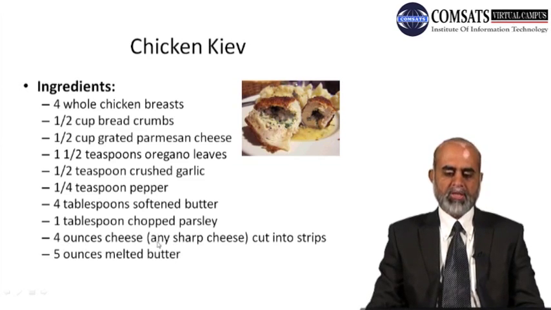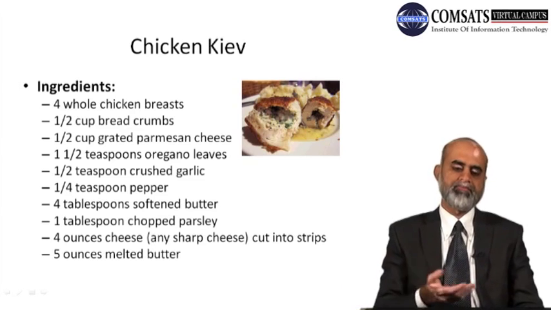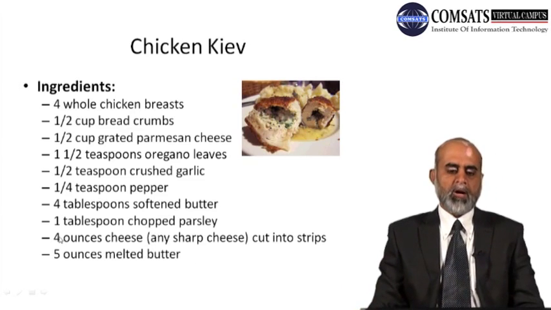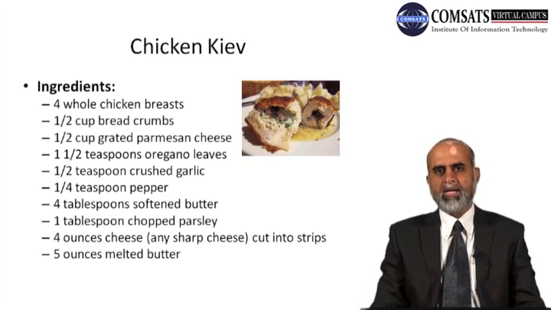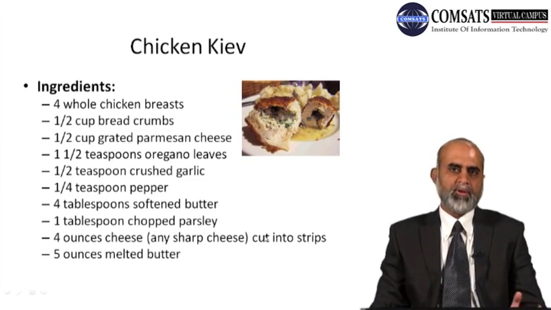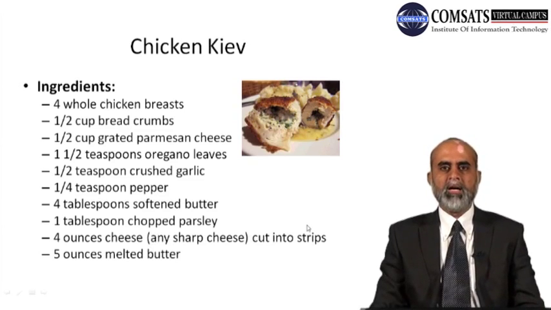4 ounces cheese, any sharp cheese would do, and it should be cut into strips, long strips. And how much is 1 ounce? It's something like 28 point some. I don't know the exact amount, but 28.4 or something of a gram is called 1 ounce.